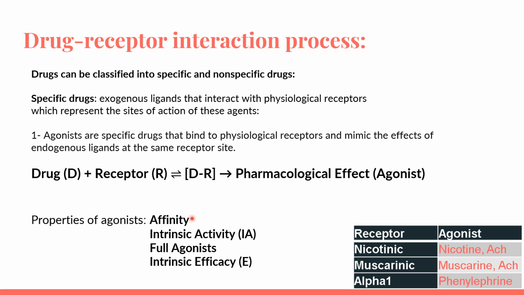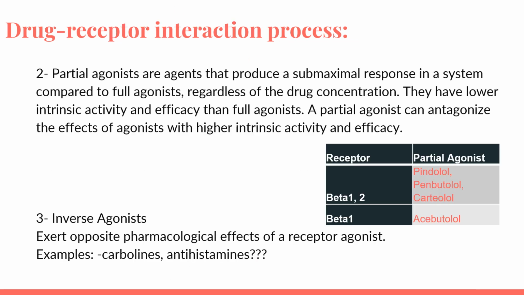An agonist has an affinity, has an intrinsic activity, has full agonistic properties, and intrinsic efficacy. And here you can see some examples of agonists and where they act. Second specific drug, we have the partial agonist.